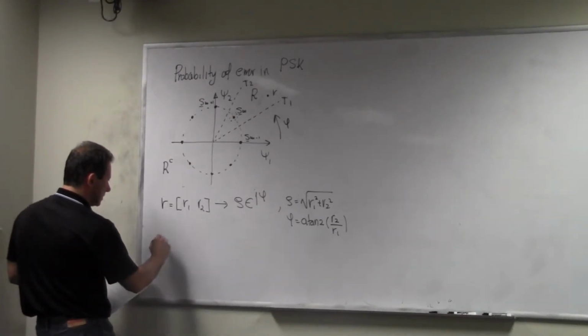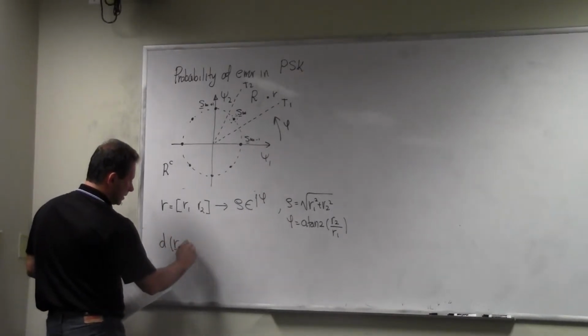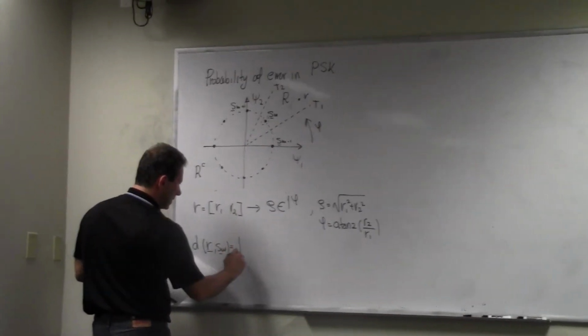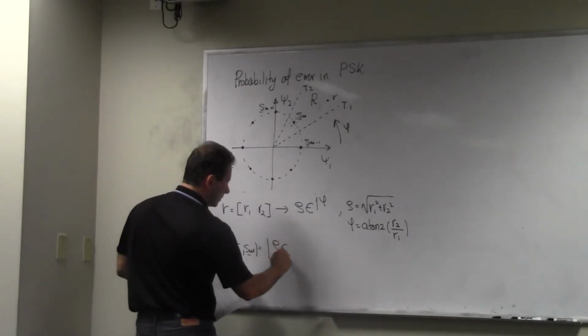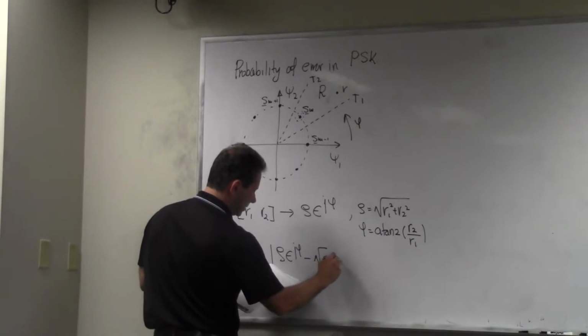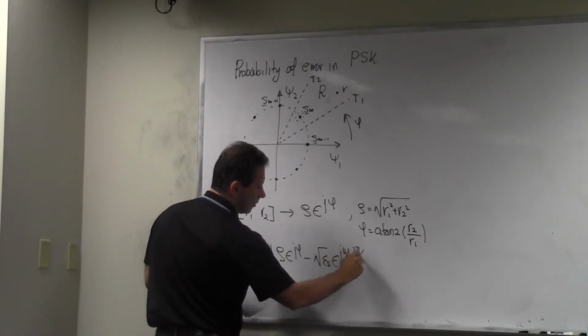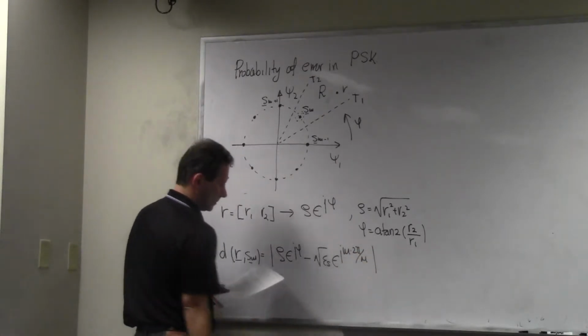Then the distance d between R and Sm can be written as the magnitude of rho e to the j phi minus square root of epsilon s e to the j m times 2 pi over capital M. Right?